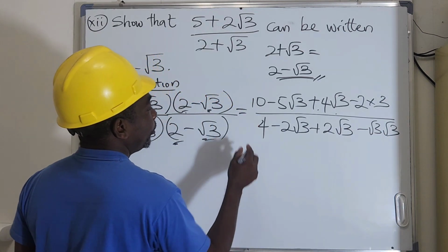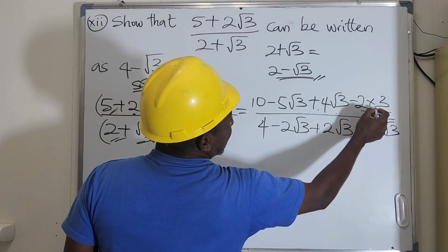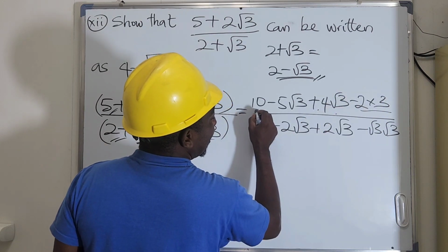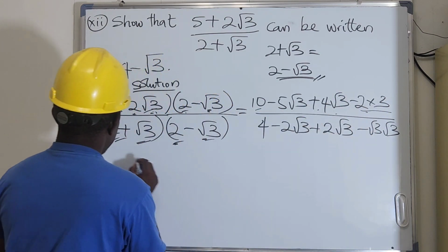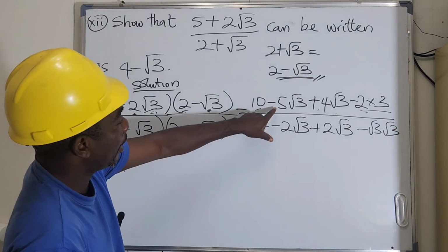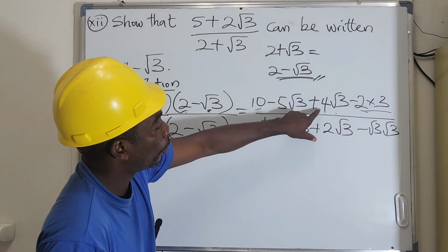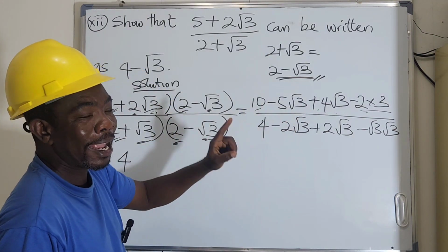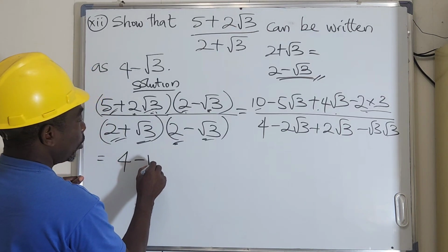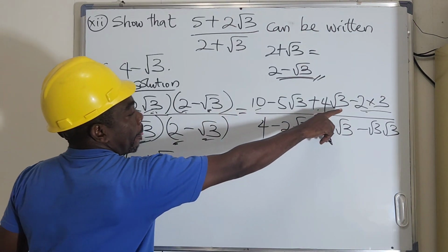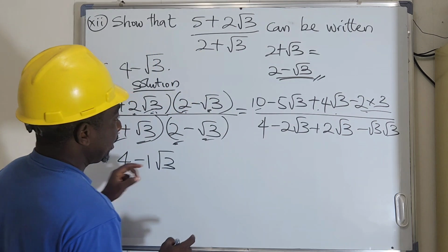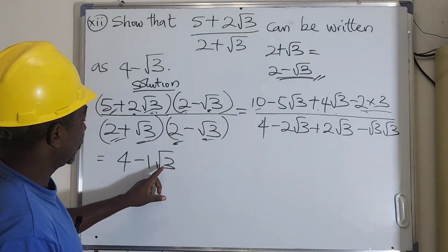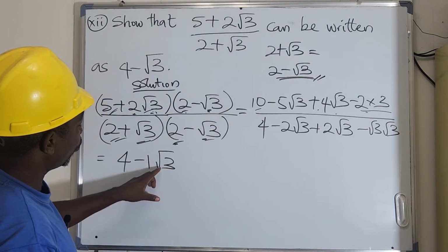So here we multiply this and it becomes 6. Then collecting like terms, 10 minus 6 will give us 4. So we have here minus 5 plus 4 will give us minus 1, so it's going to be minus 1 root 3. Then minus 2 times 3 is minus 6. We've done that. So here we cannot write minus 1 root 3.